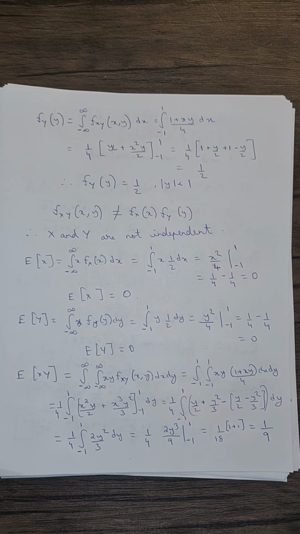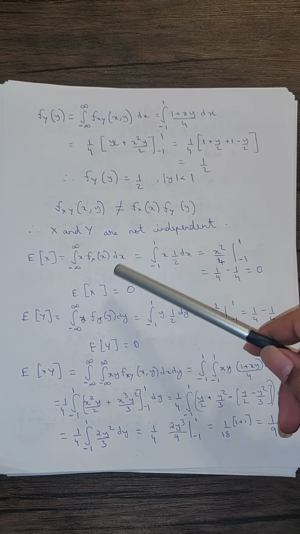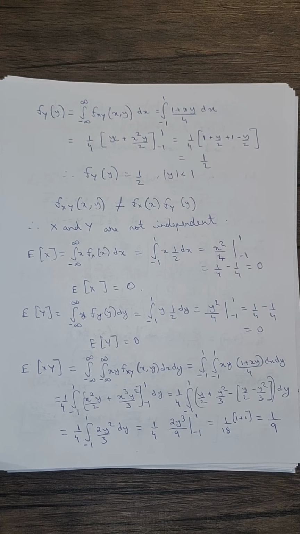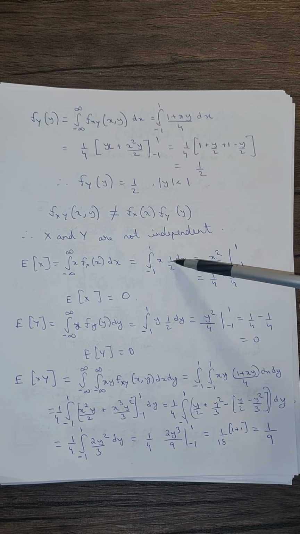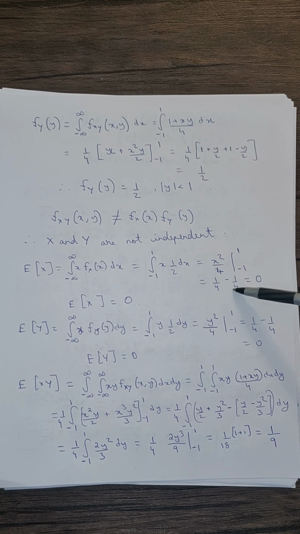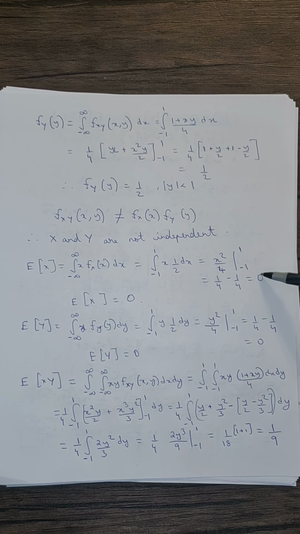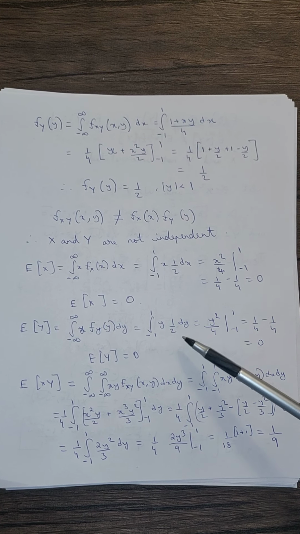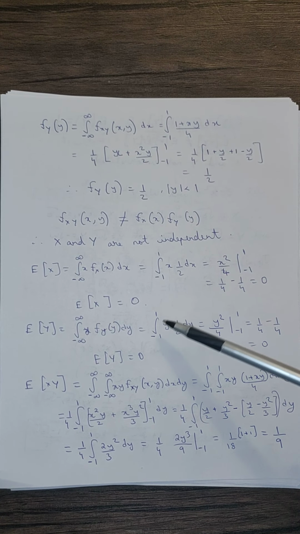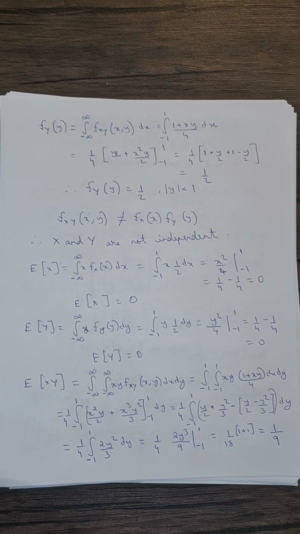We already have the marginal of x, so the integral from minus infinity to infinity of x times f_X(x) dx. Substituting the appropriate limits, and f_X(x) is 1/2, this integral comes out to be 0. Similarly for y, since x and y have similar densities, the expected value of y is also 0.